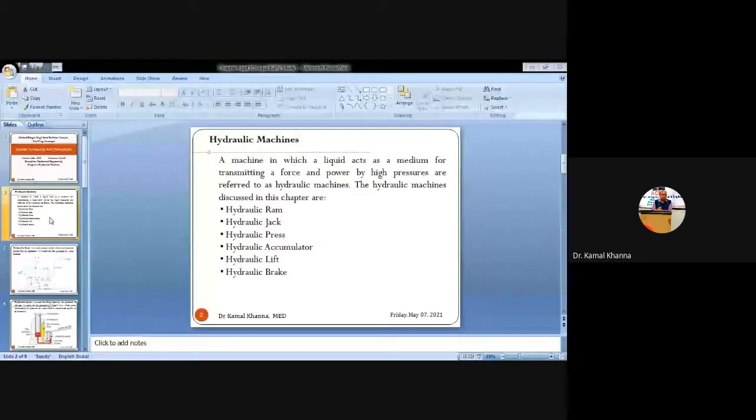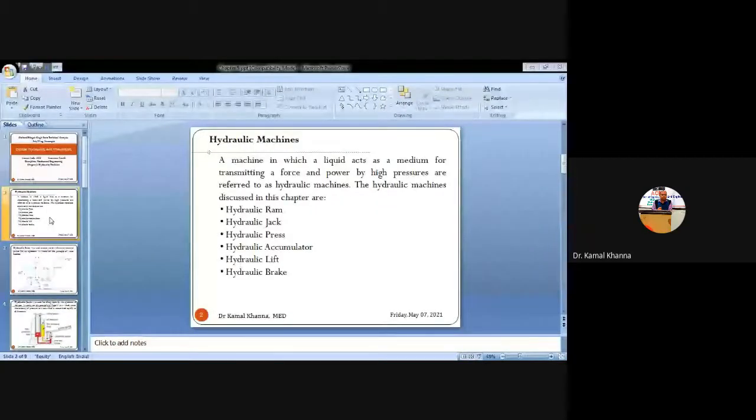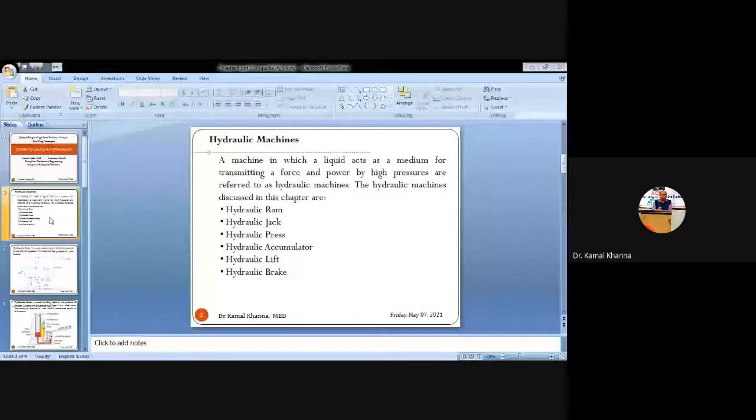In all such machines, the power is transmitted with the help of a fluid stored at high pressure. If we are studying the hydraulic ram or accumulator, that fluid may be water. But the hydraulic jack, press, lift, or brake all work on hydraulic oil pressure.